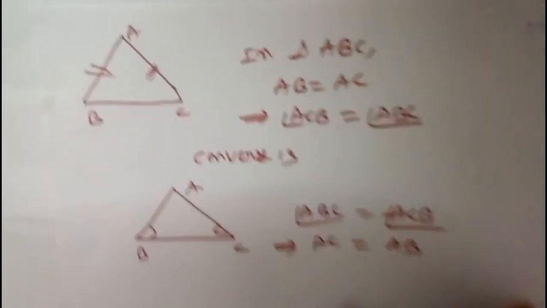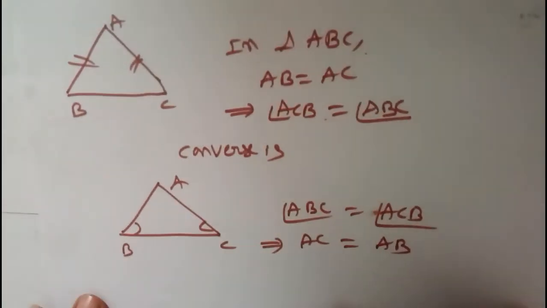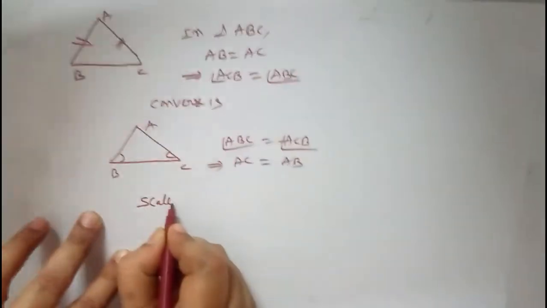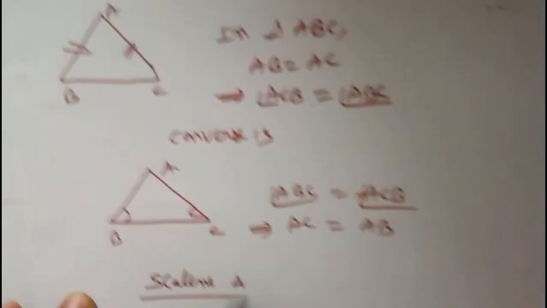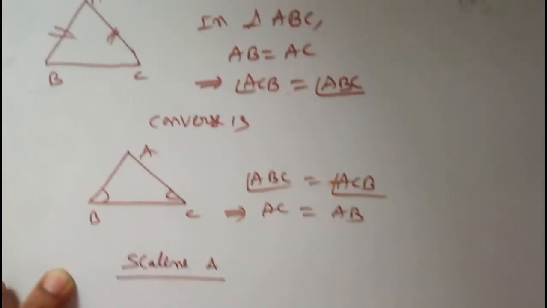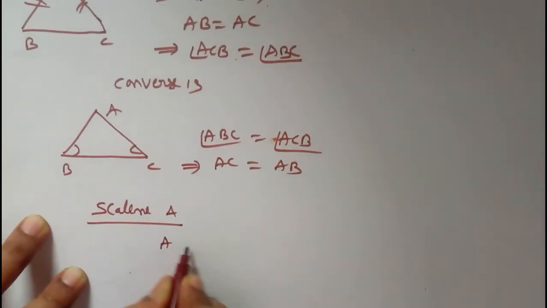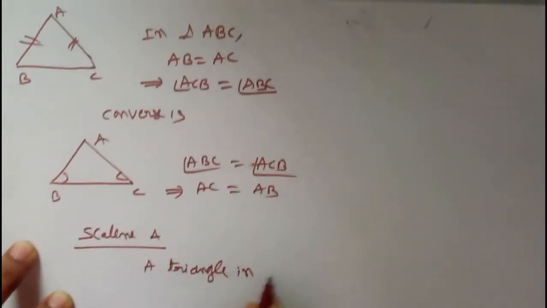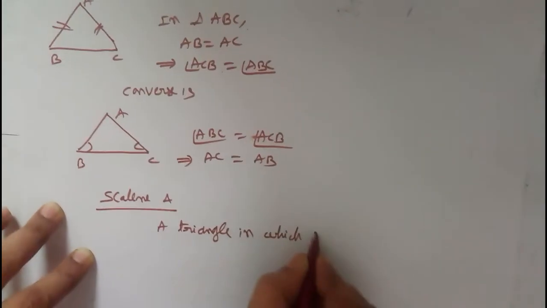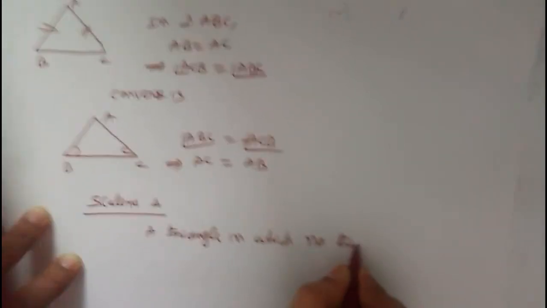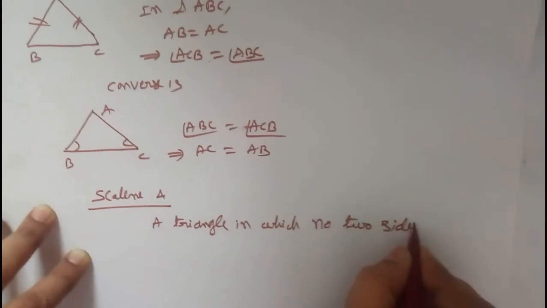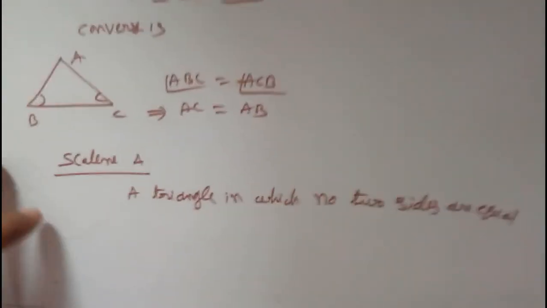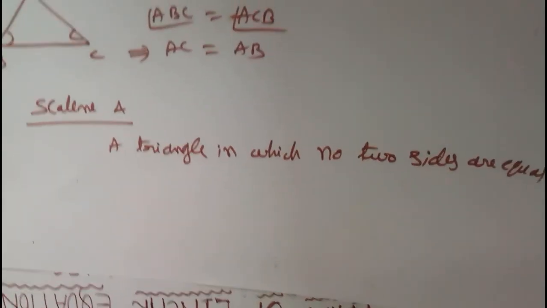Now, if we consider a scalene triangle, what is a scalene triangle? A triangle in which no two sides are equal. All sides are different and all angles are different.